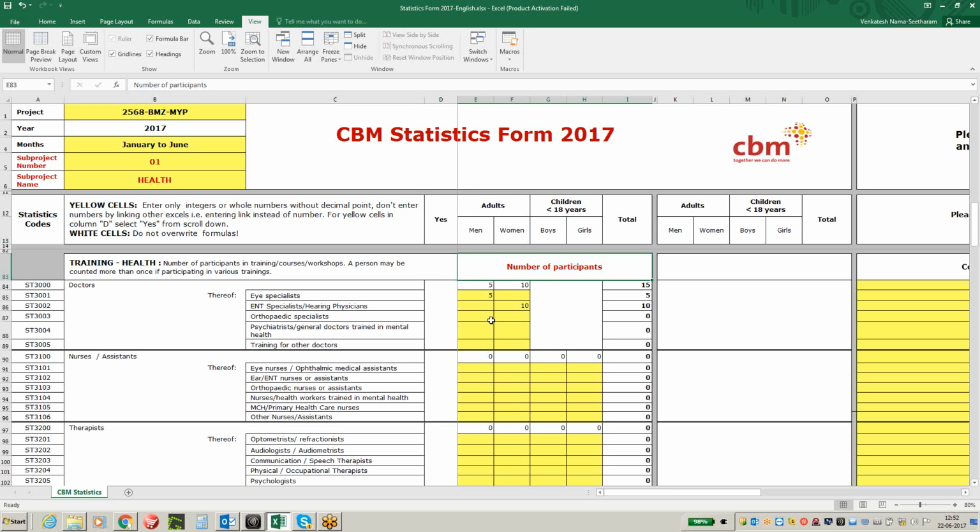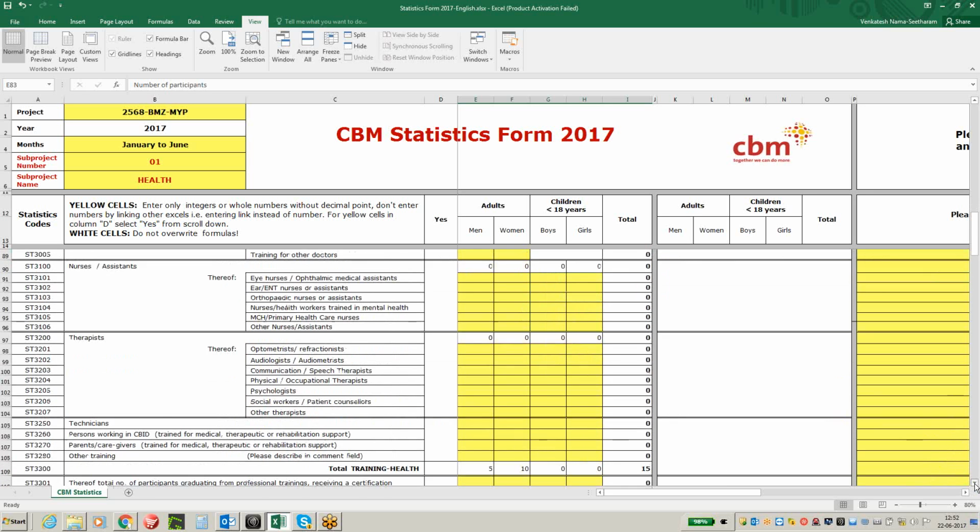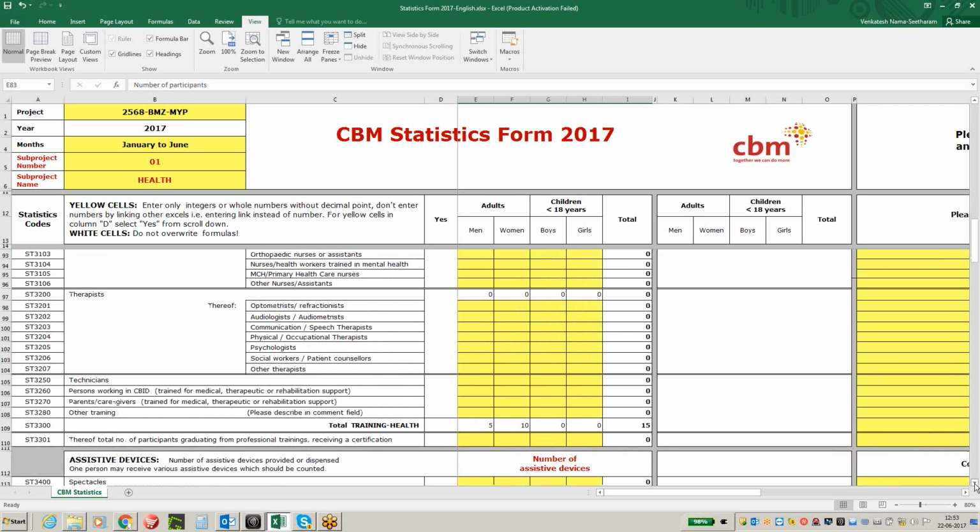In actual sense, it will just be 10 doctors, because it's the same doctors. It's a master's training course, and it takes like 3 years. So if we say 20 were trained in 2017, it will not be true, because it will be double reporting, since it's the same training, the same doctors. Yeah, I think she's right.